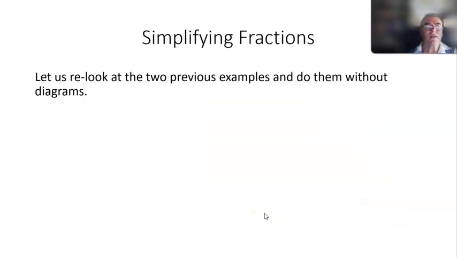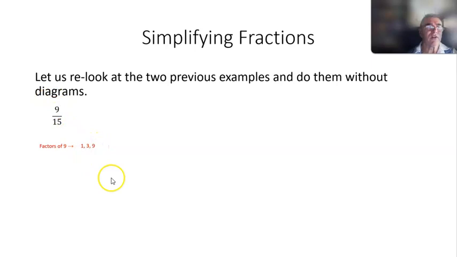Let's look at those 2 previous examples again, but without diagrams, because quite often we want to get better and quicker, and the diagrams just slow us down. So our 9/15. The factors of 9, all the numbers that divide into 9 without a remainder, are 1, 3 and 9. So 1 times 9 and 3 times 3.